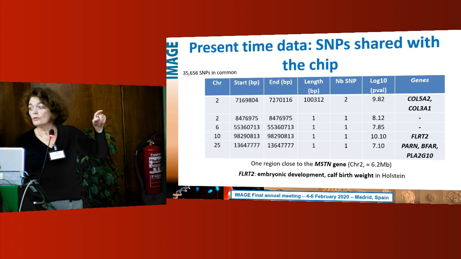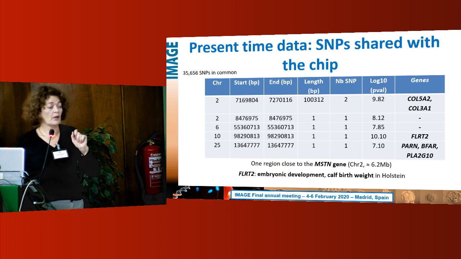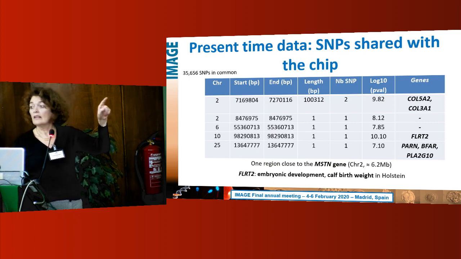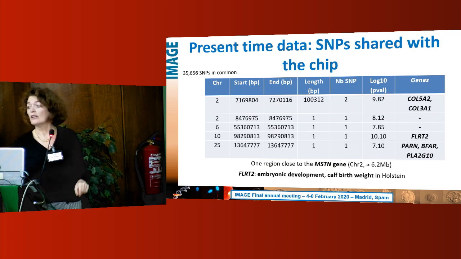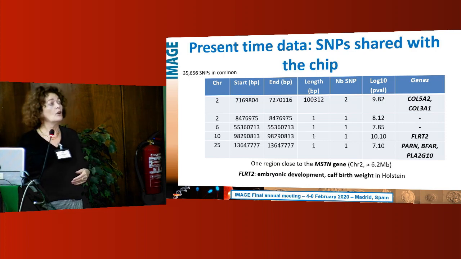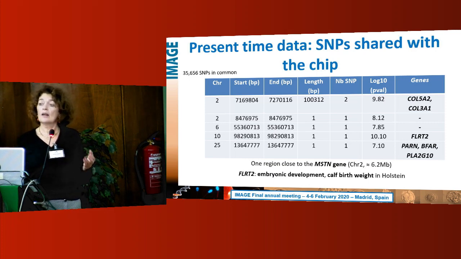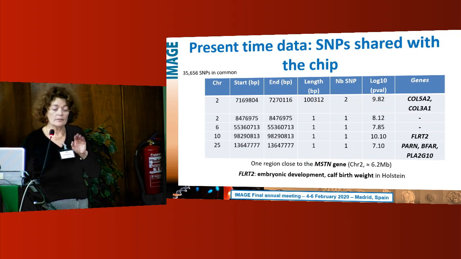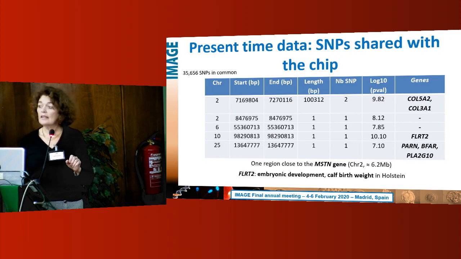So in chromosome 2, which is the chromosome where the myostatin locus is included, we can see collagen candidate genes which are in the process of hitchhiking, which are very near the myostatin gene, very close. I must say that the mutated allele of the Asturiana de los Valles, which is at a very high frequency, is an 11-pair deletion.